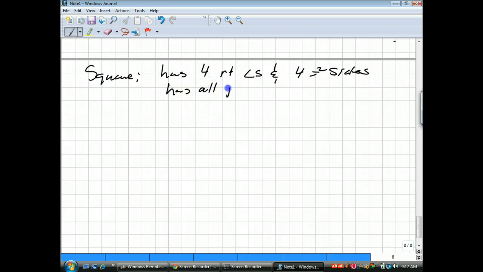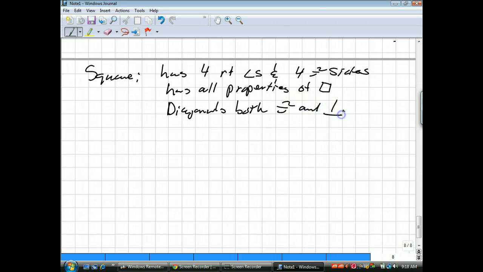It has all properties of a parallelogram. Diagonals are both congruent and perpendicular. And the diagonals bisect the angles they intersect.